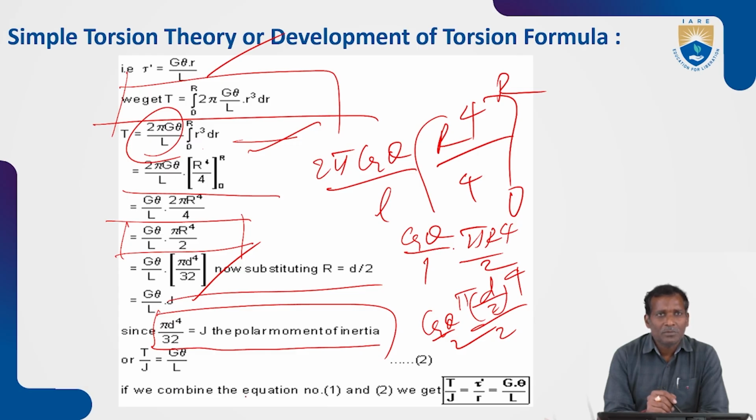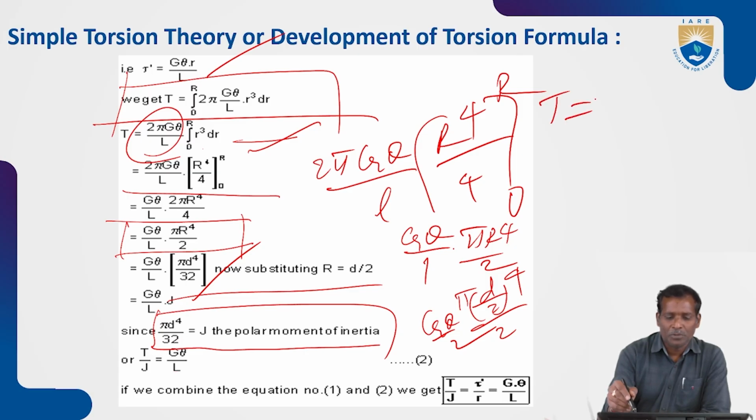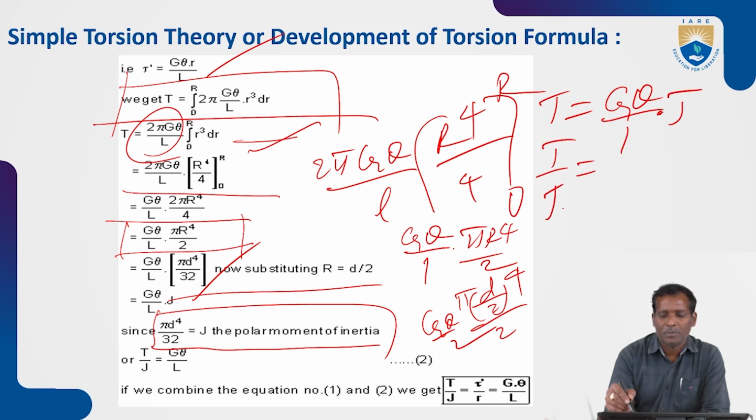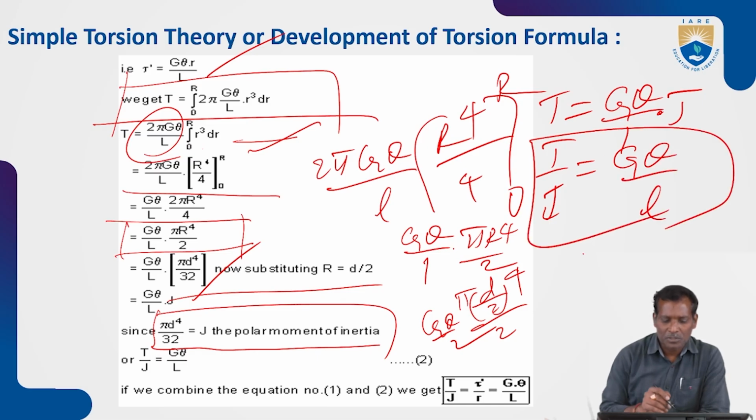So now you will get T by J is equal to G theta by L. Finally, T is equal to G theta by L into J. So we can write T by J is equal to G theta by L. Now combine equations 1 and 2.